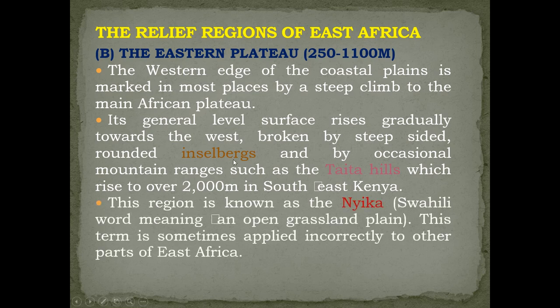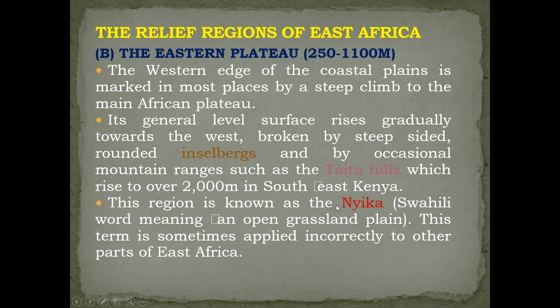This region is more pronounced in Kenya, and the Kenyans, because of its appearance, got a Swahili word for that region, and they call it Nyika. In Swahili, Nyika means an open grassland plain.